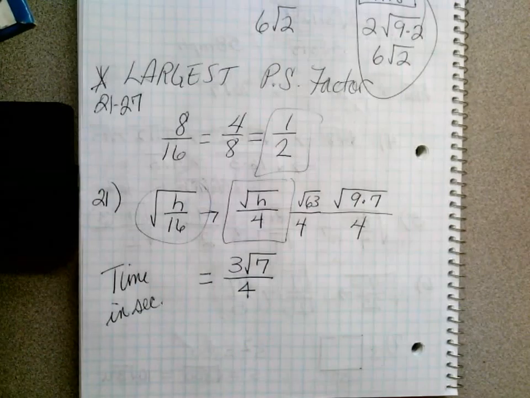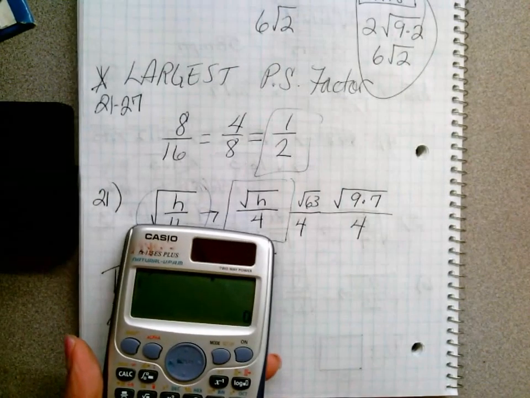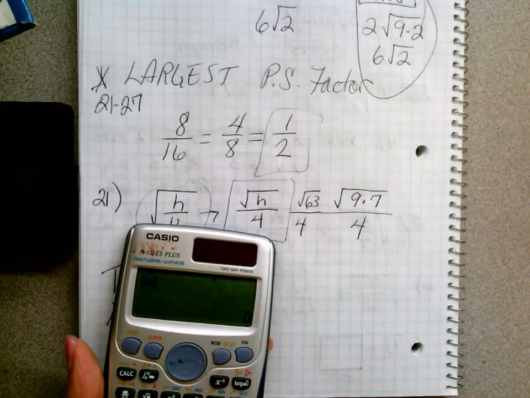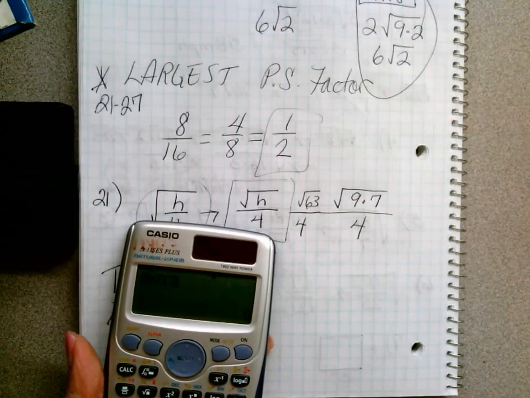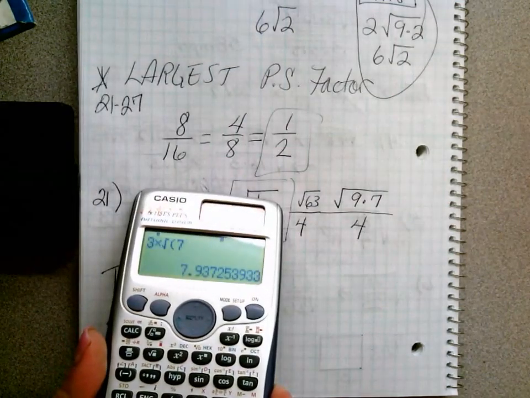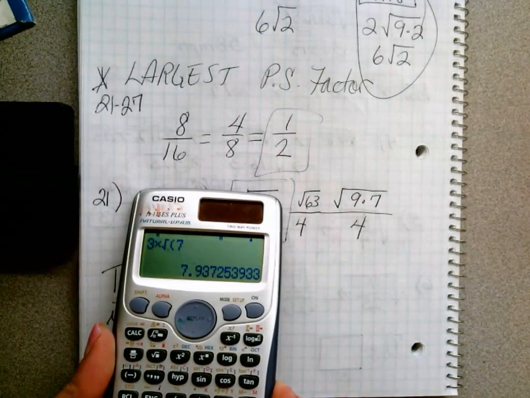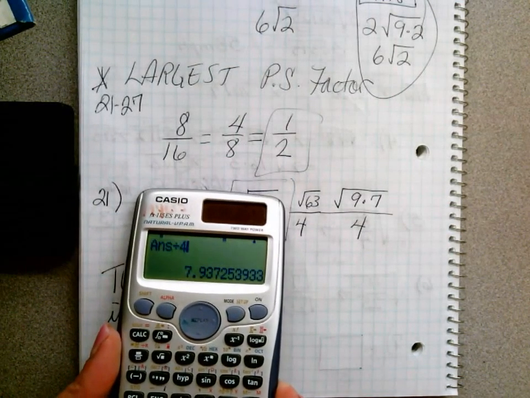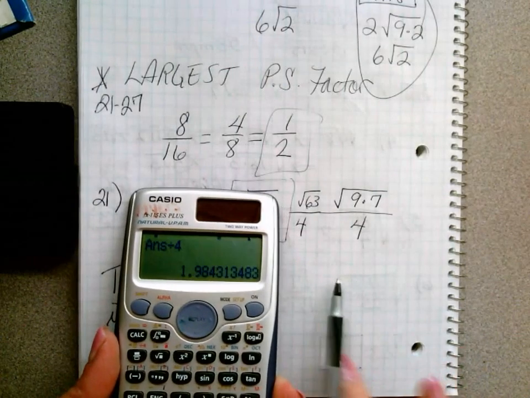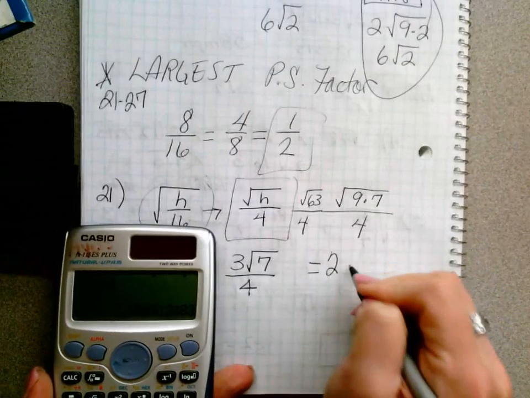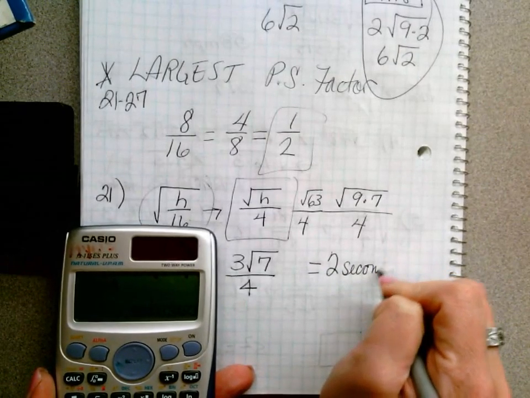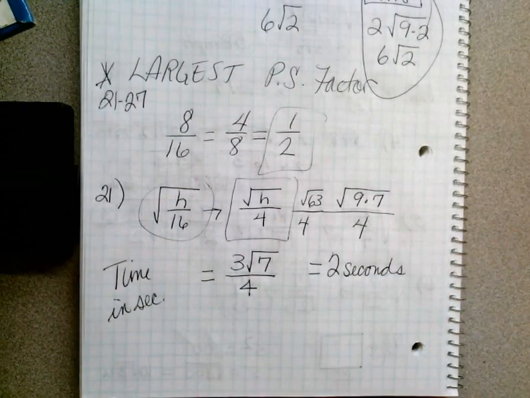So I'm going to go 3 times the square root of 7, which gives me that number. And I'm going to divide it by 4, which gives me a real world number, 1.98, which is approximately 2 seconds.